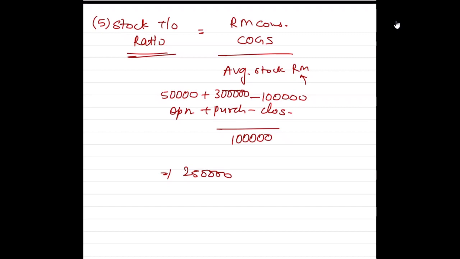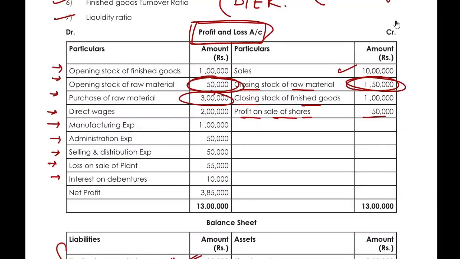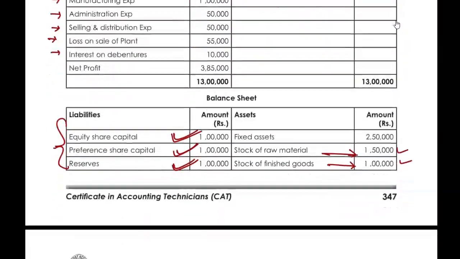Divided by 1 lakh. That would be 2.5. That is your raw material consumed. Opening plus purchases minus closing stock of raw material.